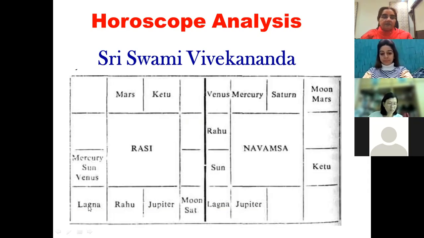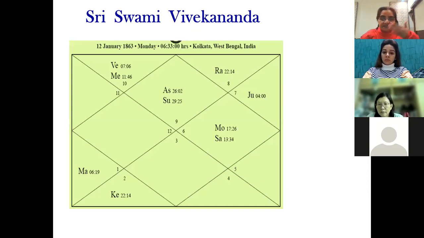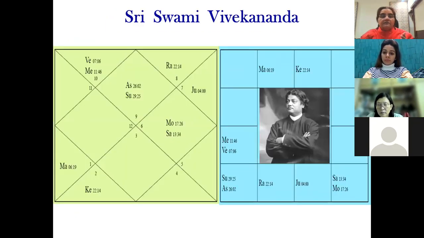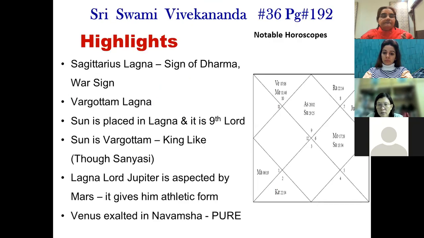So Sun is Vargottam, and that becomes very auspicious, a good quality, which you all were suggesting. That was correct. It makes that thing powerful. So Vargottam Lagna is one. Sun is placed in Lagna and it is the ninth lord.